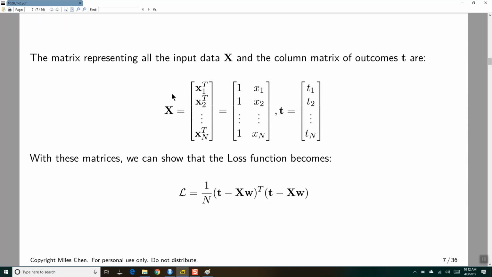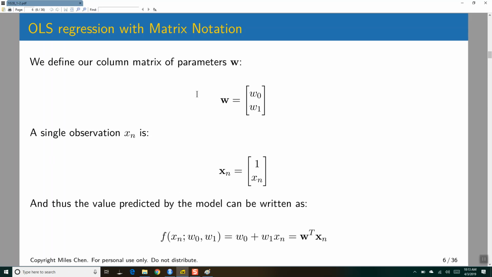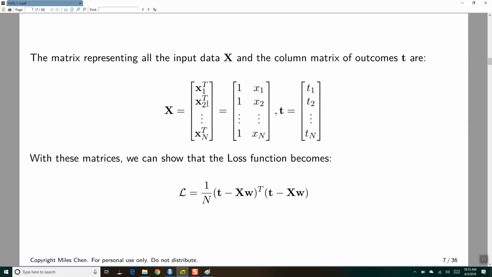And then if we define a big matrix X as a bunch of these transposes, right, the vectors xn transposed, then our matrix will look like this: 1 x1, 1 x2, so on and so forth, down to 1 x of n, for the last observation that we have. And then our outcomes, which normally we call y, but to try to follow the book notation, we call it t. Okay, we've got the vector t, or the column matrix. This is what we have, right?